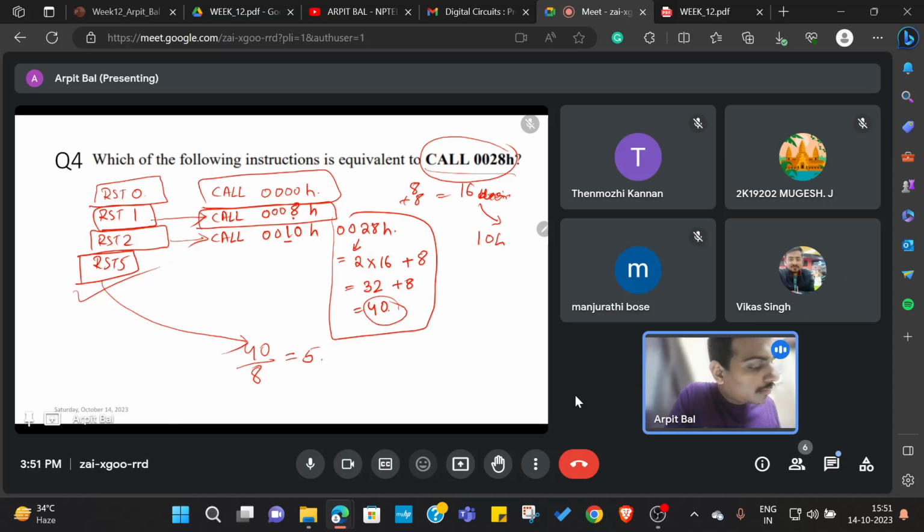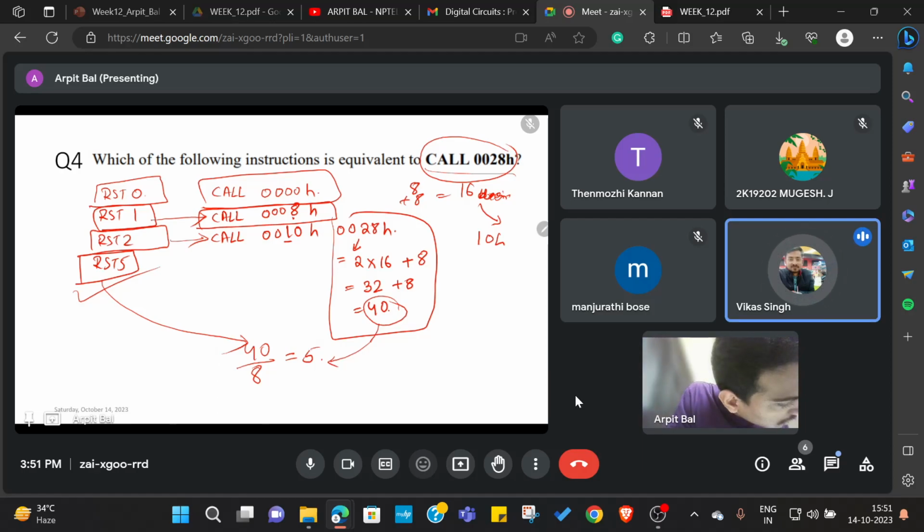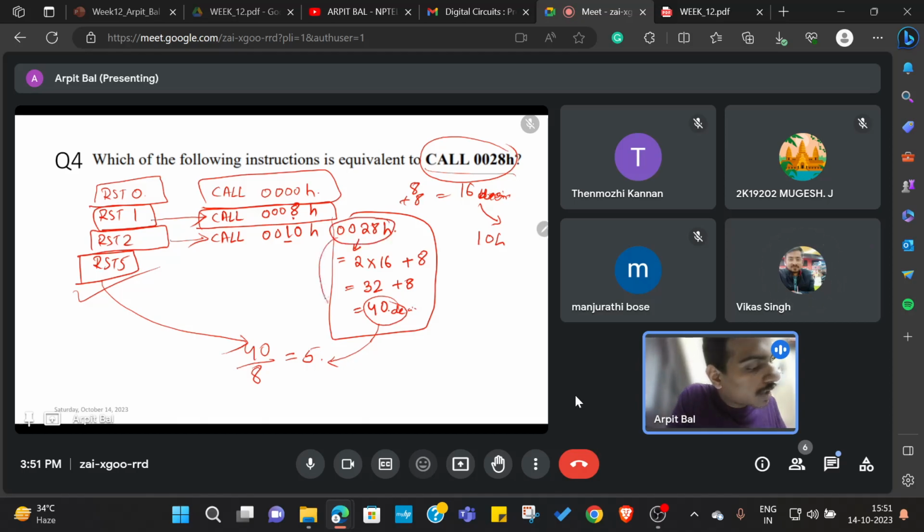Because each address is at an offset of 8, 40 means 40 in decimal. What I did is convert 0028H to 40 in decimal. Okay, so what does 40 decimal mean? At how many offsets will it be? If I divide by 8, I will find out. Yes, sir. That is what I did, and as it is 5, RST5 is the equivalent to call 0028H.